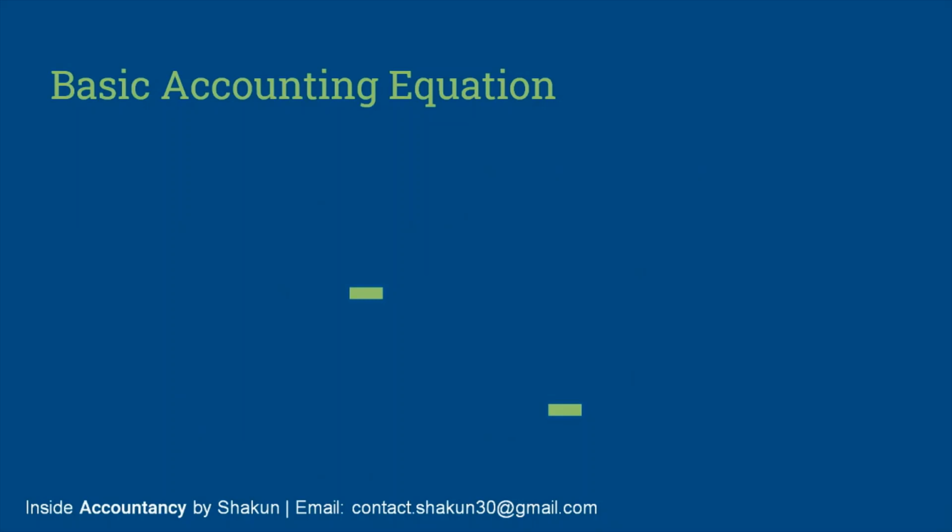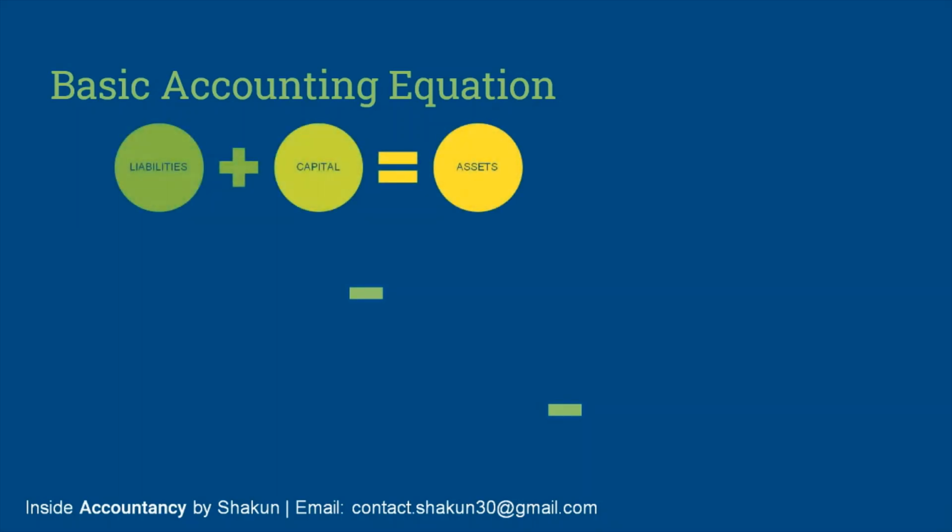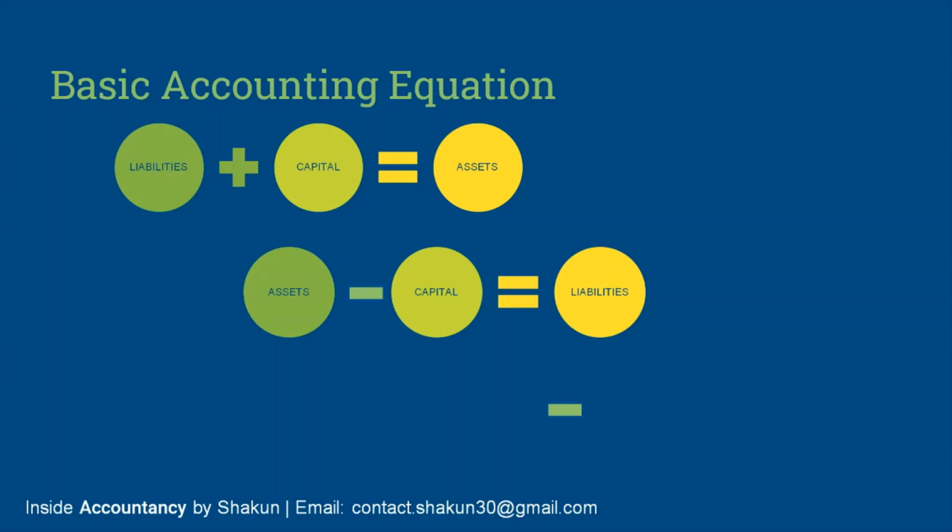Moving on, the basic accounting equation, as you all know, is assets is equal to liabilities plus capital. Now, if we try to find out more formulas through this accounting equation, we can also say that liabilities are equal to assets minus capital. So from the same basic accounting equation, we have calculated another equation.